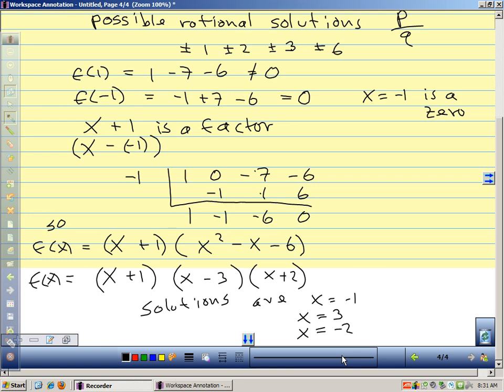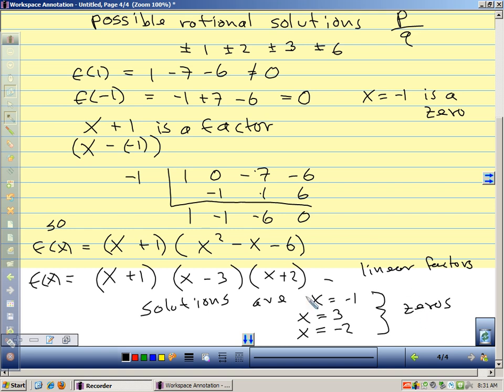So that's the answer. So this is the linear factorization. So if the problem asks you for the linear factorization, it's asking you for this. And if it asks you for the zeros, these are the zeros.